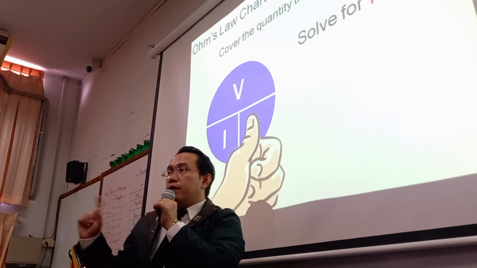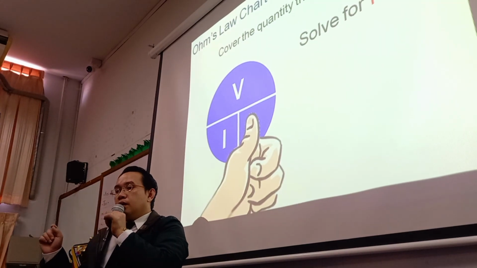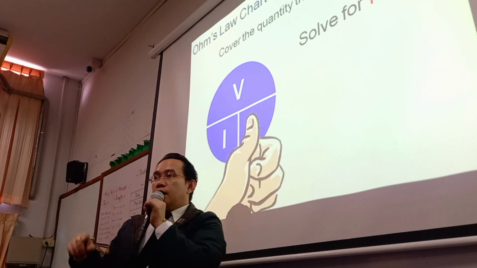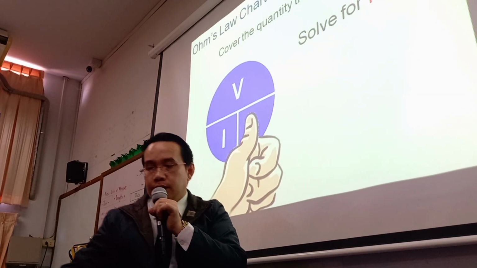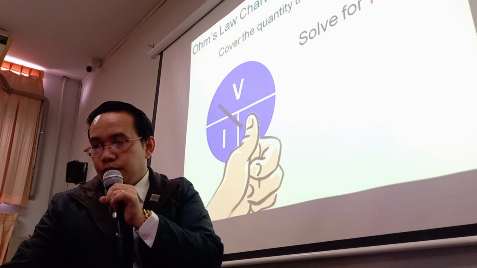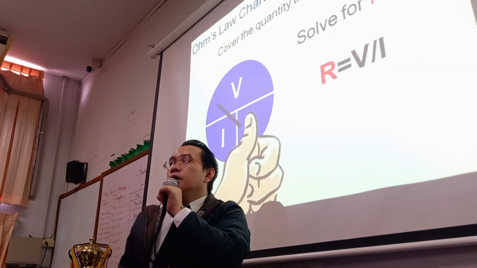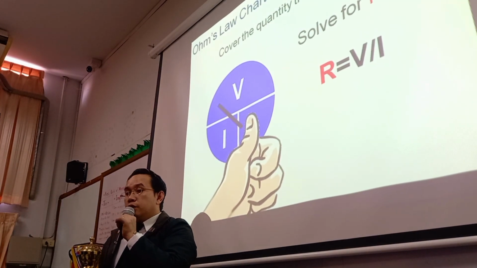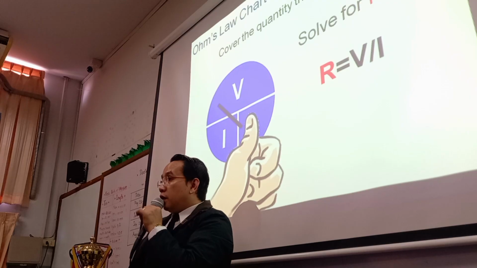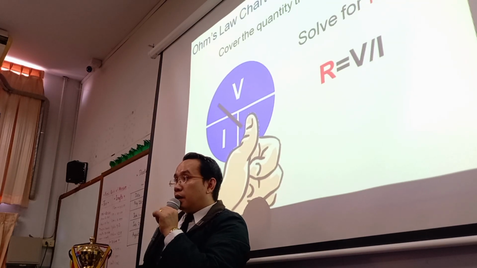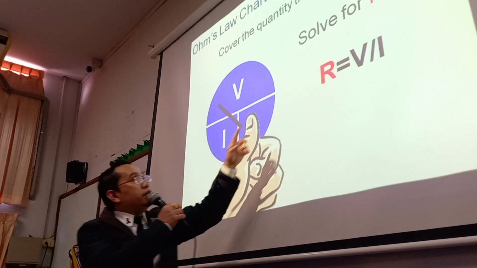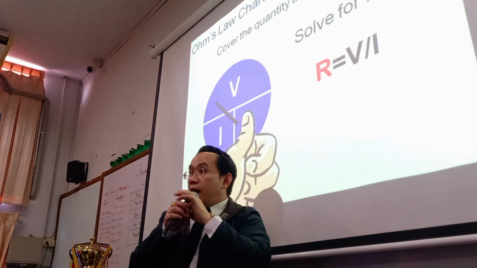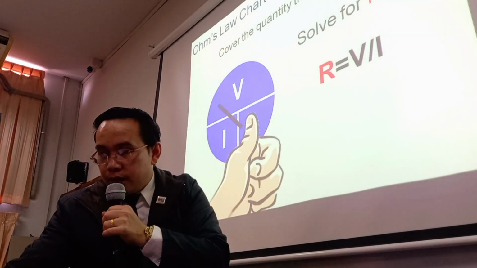This is another technique, the last component of this electrical circuit. So R is equal to voltage divided by current, arranged as R is equal to V divided by I.